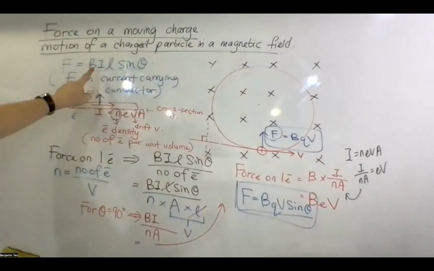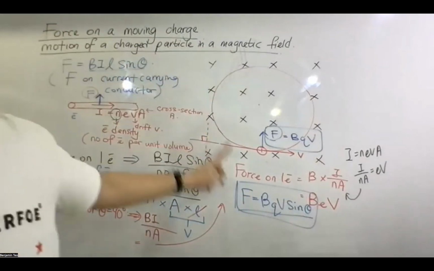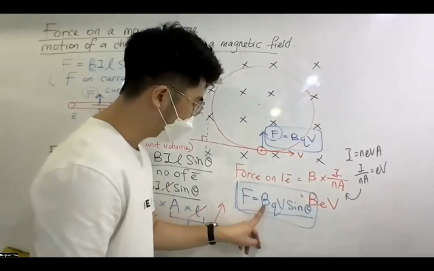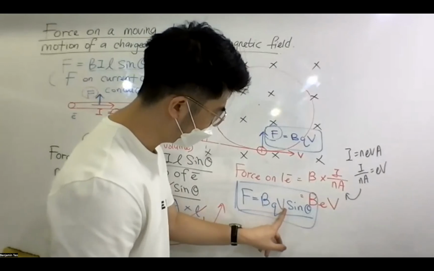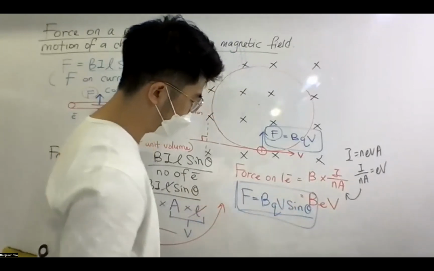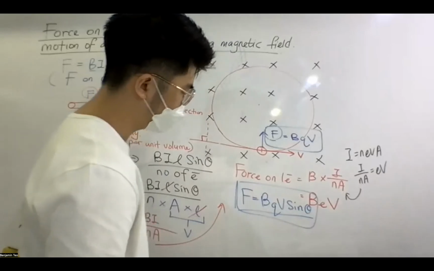This is the basic formula, and we use this to derive this one. Again, you have magnetic flux density, Q, the velocity, the sine of the angle, and then F, the force.